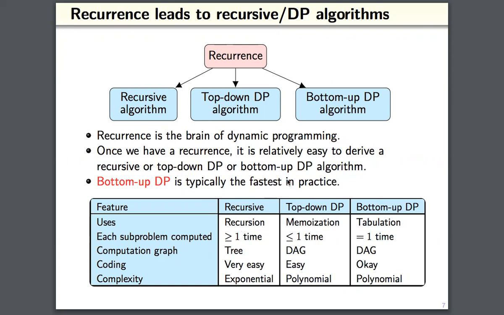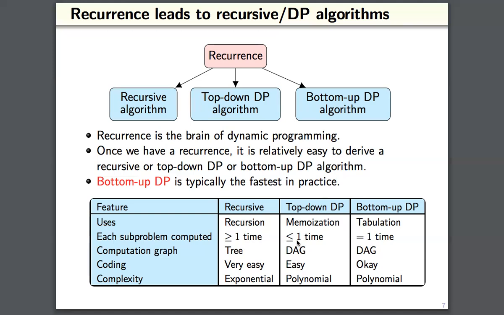Okay, so how many times will a subproblem be computed? In a recursive algorithm, it can be computed greater than or equal to 1 time, minimum 1 time. You might hit that subproblem again and again, and every time you recompute it. So there will be a lot of recomputations here. So what about top-down DP?